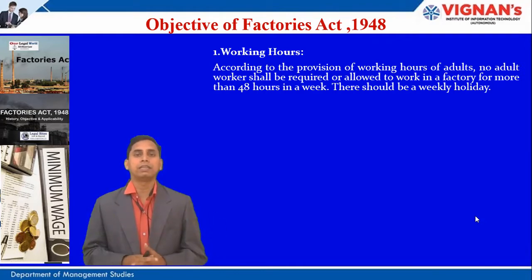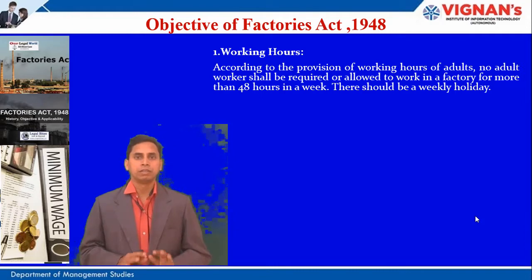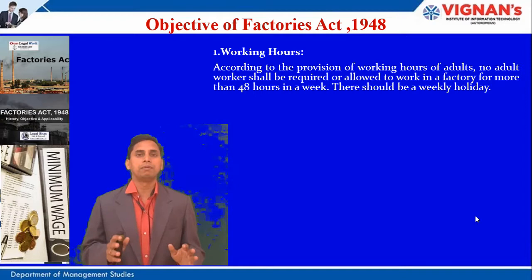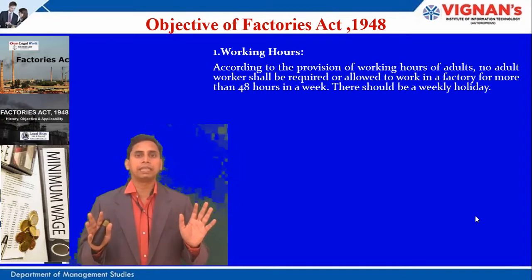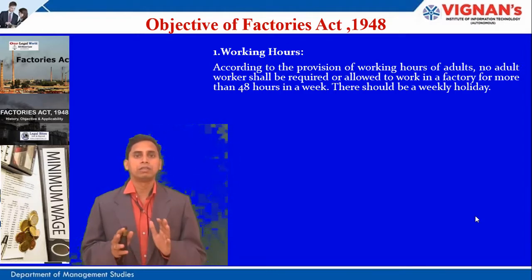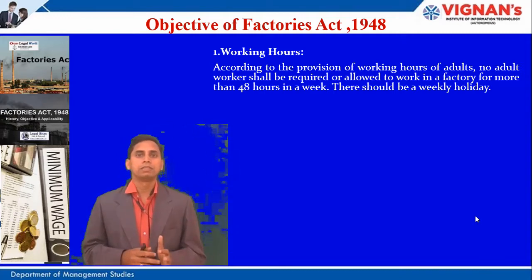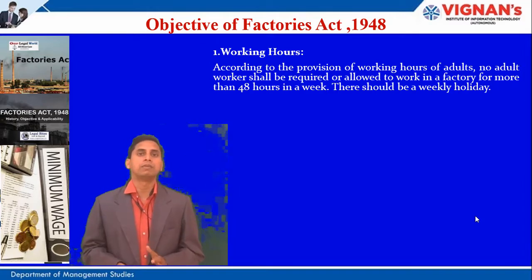No adult worker should be allowed to work in a factory more than 48 hours in a week. And there should be a weekly holiday, which is also included in this provision on working hours.